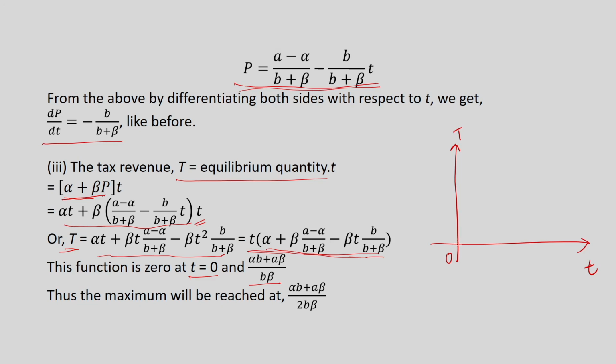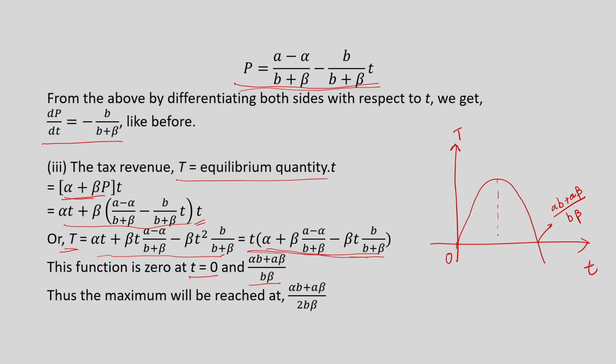If you visualize this, it attains 0 at the origin and at this point, which is (alpha B plus A beta) divided by B beta, and so it is basically a parabolic shape.